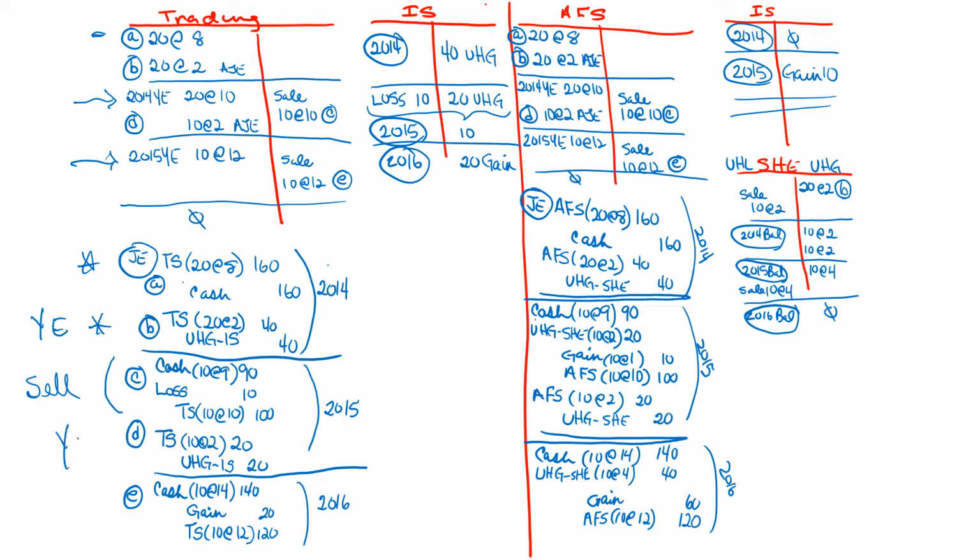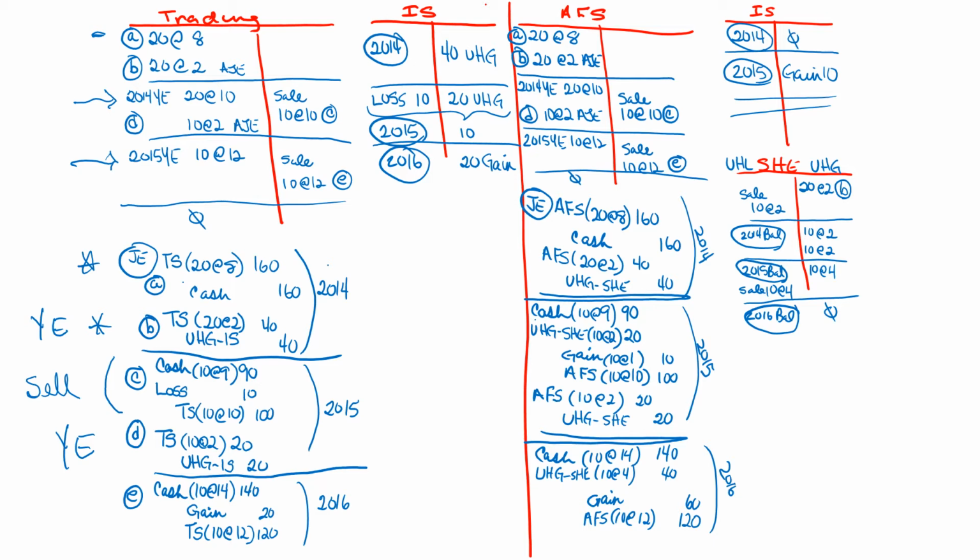So at year end, we're going to debit trading securities, 10 remaining shares, $2 a share, moving it from $10 to $12 basis, and credit unrealized holding gain of $20. Again, that unrealized holding gain will show up on the income statement because it's a trading security.